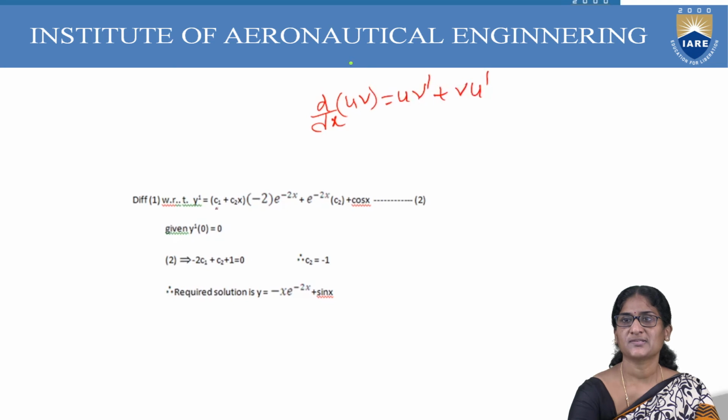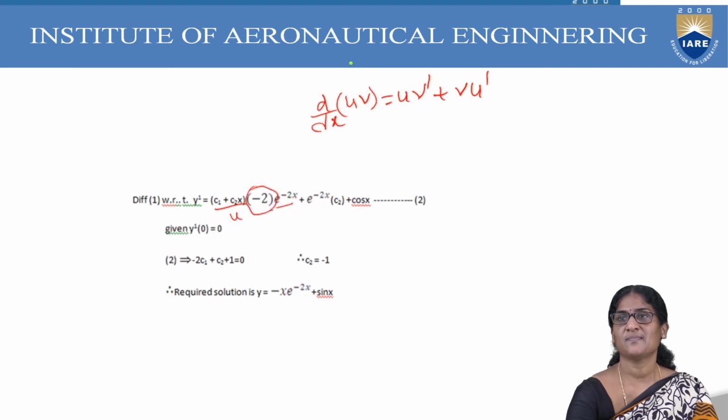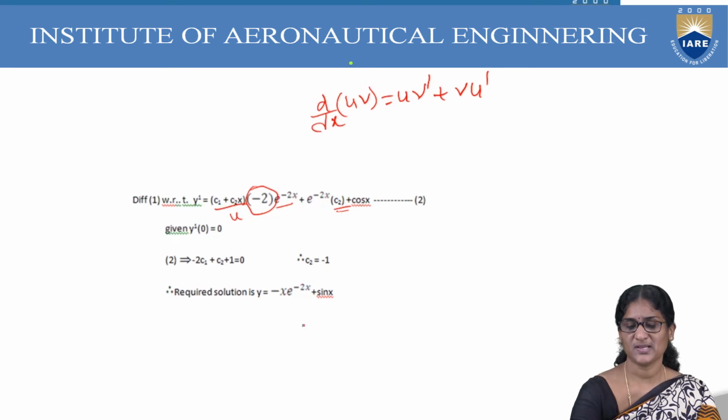Now u v dash is the u value times the derivative of e power minus 2x, with internal differentiation that is minus 2. So minus 2 into e power minus 2x, plus e power minus 2x as it is times the derivative of u. In the first term I don't have any x value, so that becomes 0. In the second term I have x, and c2 runs like a coefficient here. So plus cos x.